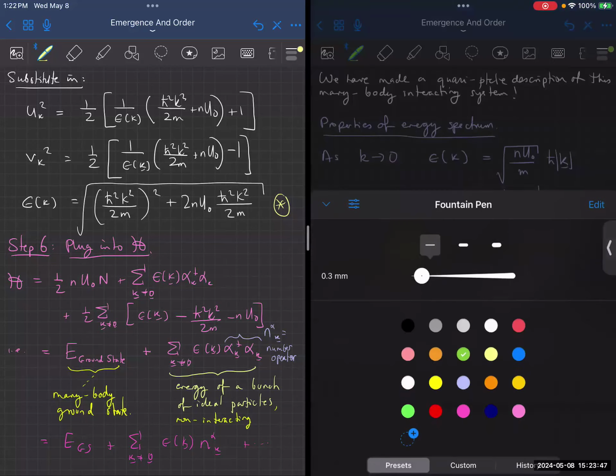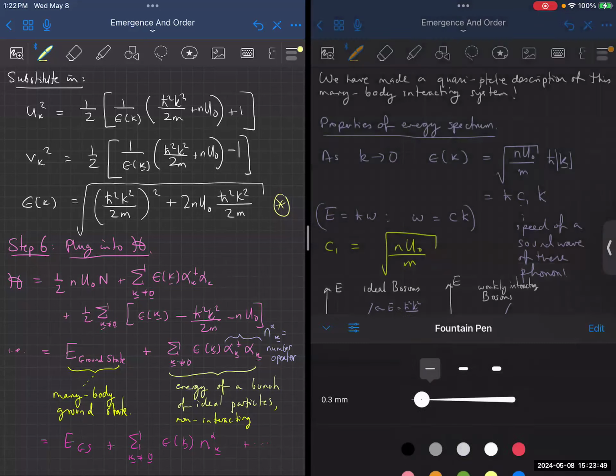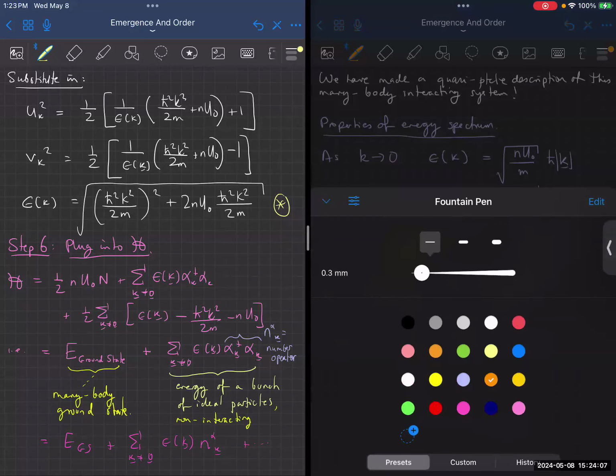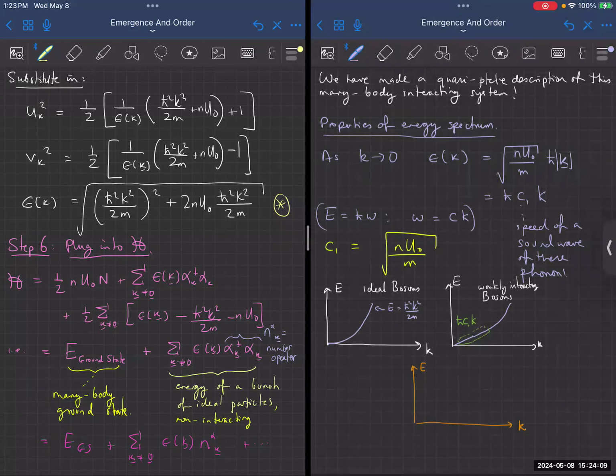And then let me just draw on here what we would have for superfluid helium. I showed you this last time. For superfluid helium, it also comes up like that.